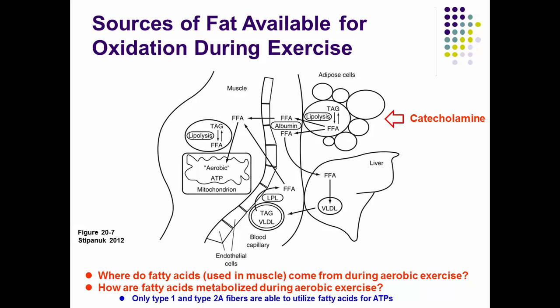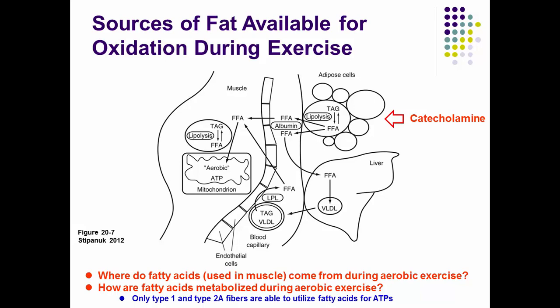And again, this is aerobic metabolism, so the fatty acids can be completely oxidized, going to beta oxidation in mitochondria and producing ATP. Fatty acid utilization requires mitochondria, so this process occurs only in type 1 and type 2A fibers.